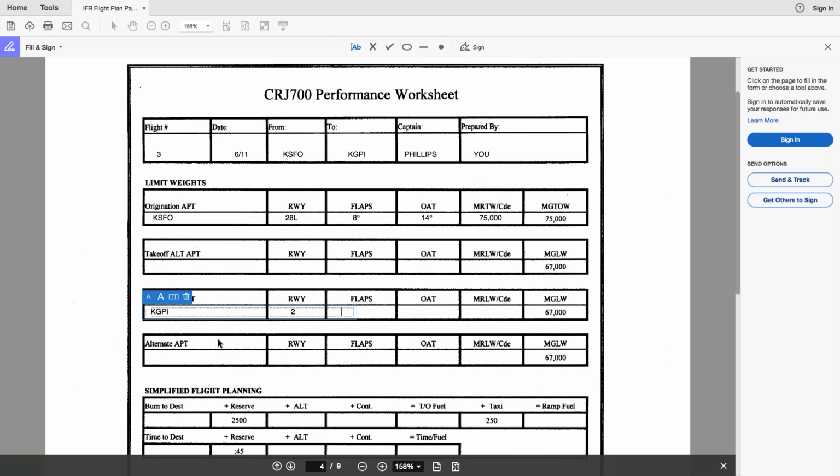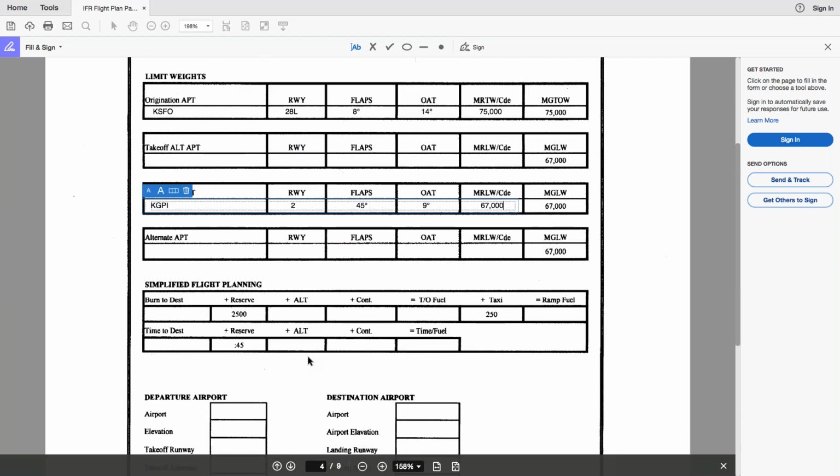What flap setting do we use for approach? 45 degrees. Planned outside air temperature, 9 degrees. And once again, we're just going to take this MGLW, 67,000 pounds, and call it gravy.